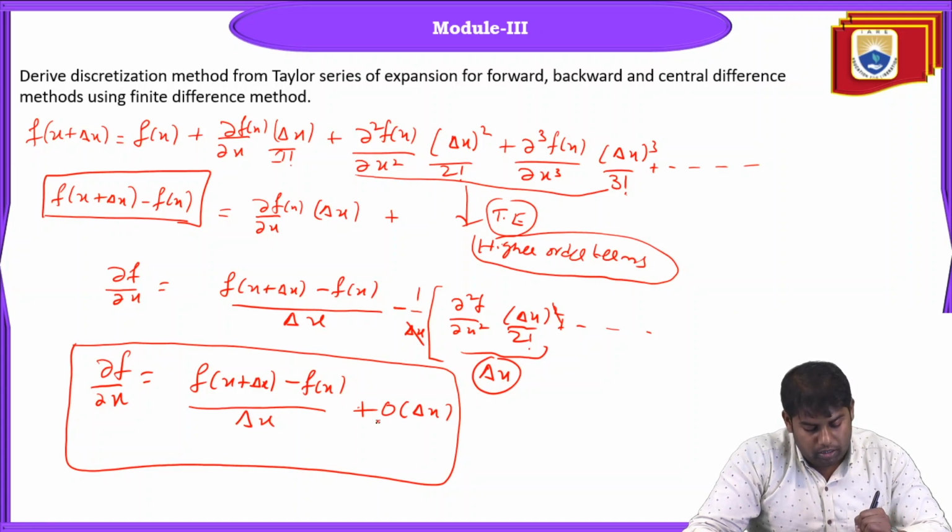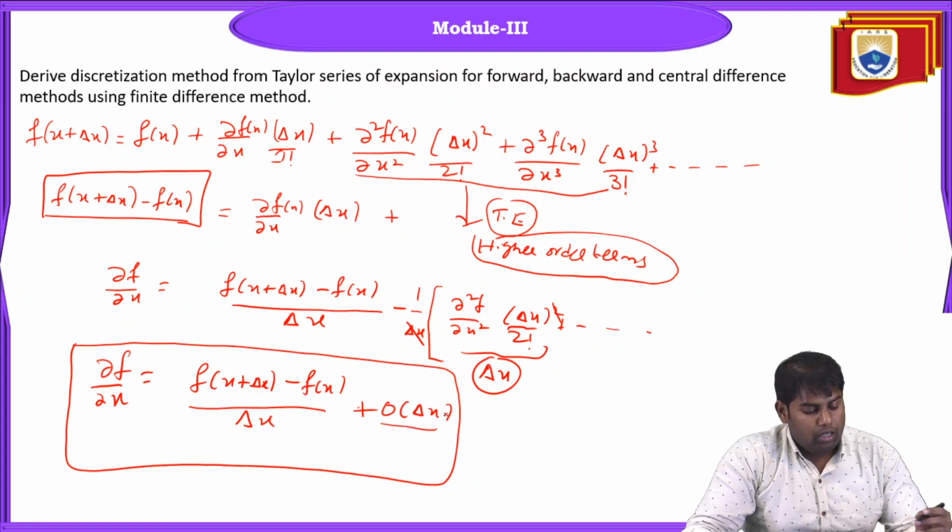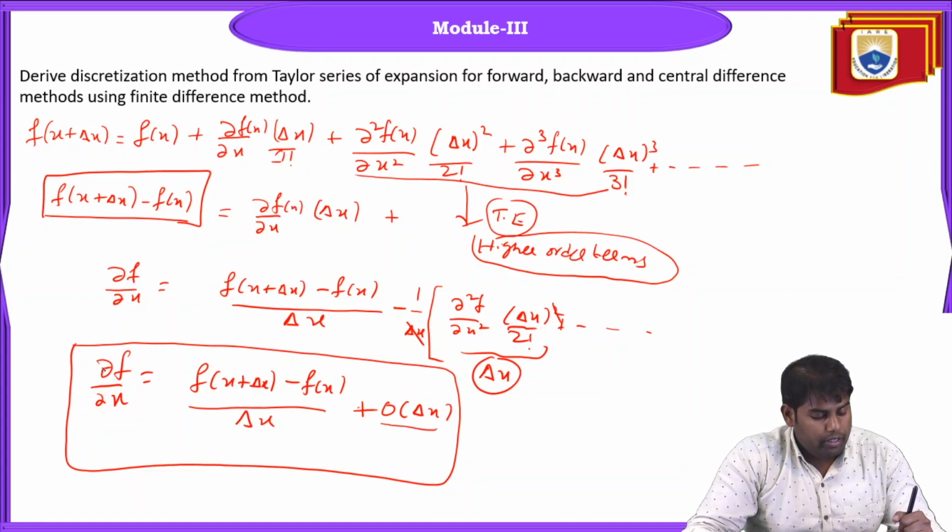That's why we call it order of Δx. So this first order derivative, ∂f/∂x is equal to f of x plus Δx minus f of x by Δx plus order of accuracy of Δx. So this is the formulation for forward difference.